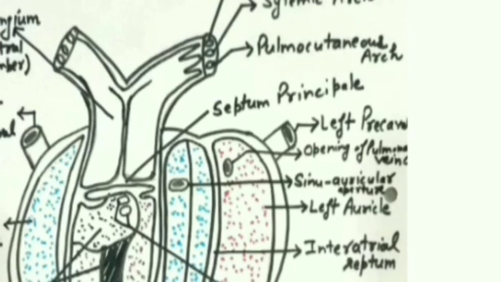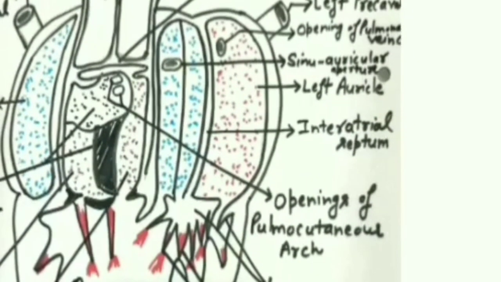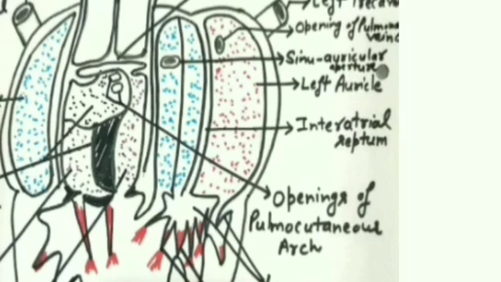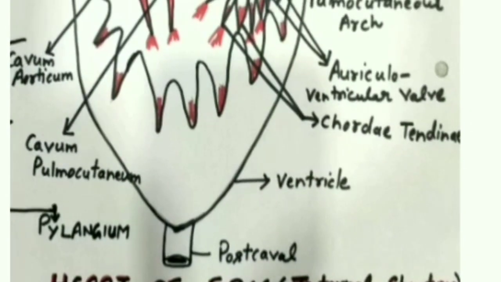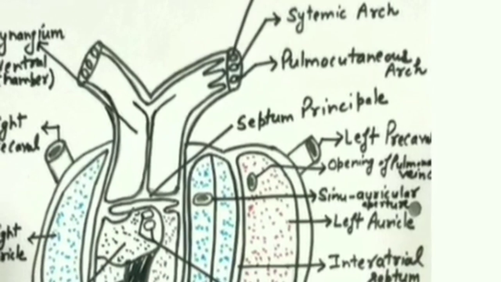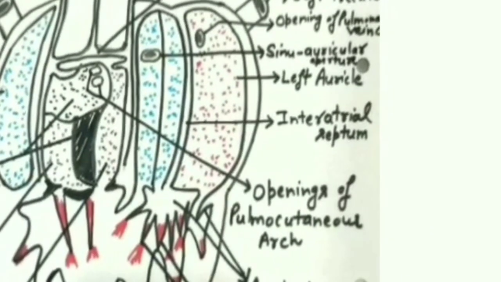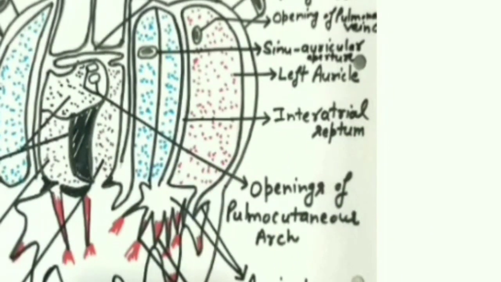Now if we see the internal structure of this Truncus Arteriosus, you can find that it is divided into two parts. The lower part I have labeled here is phalangium, and the upper part is synangium. Phalangium is the proximal part and the distal part is synangium.